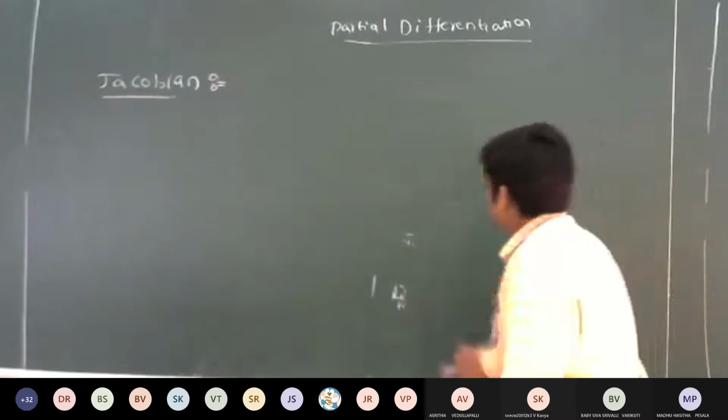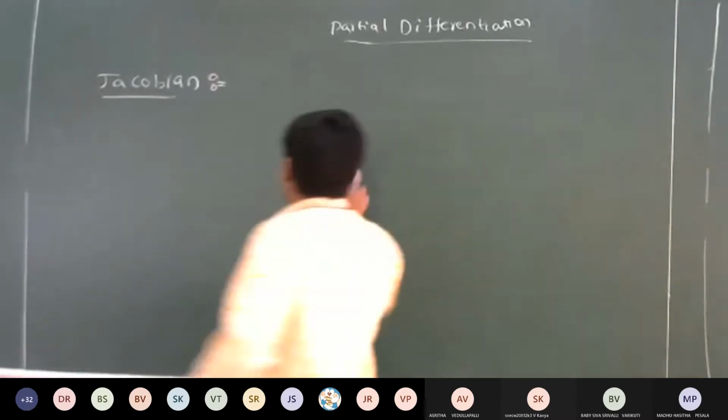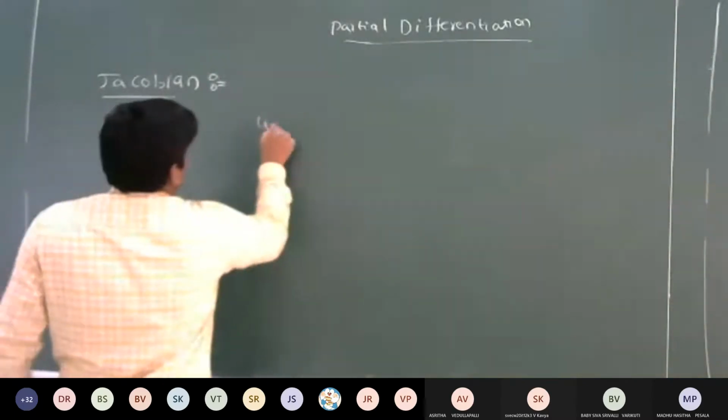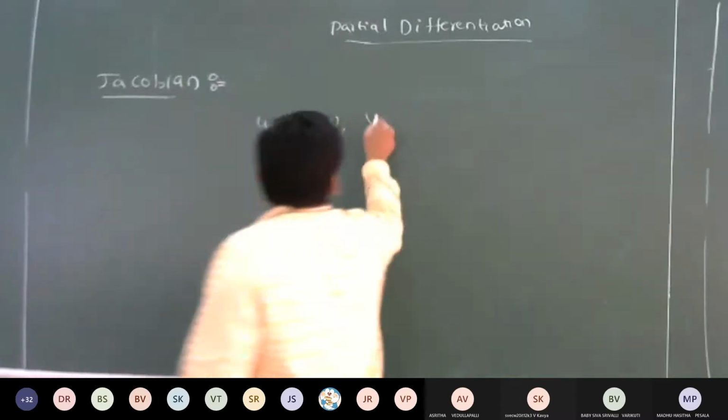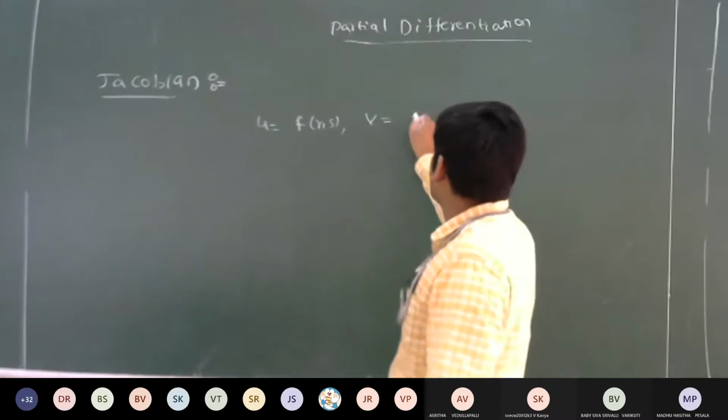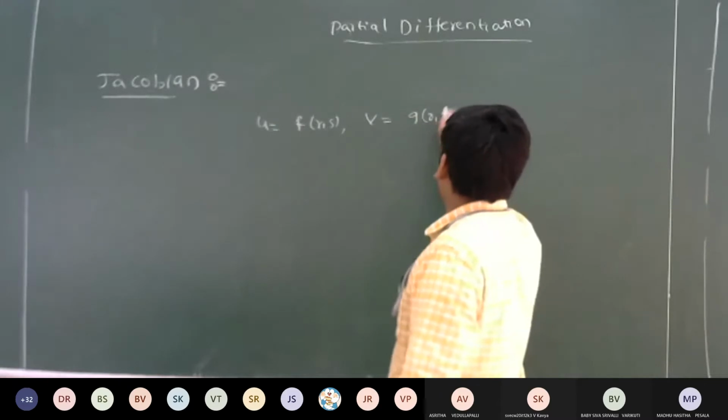The next one: suppose u is a function of r, s, and v is a function of r, s.